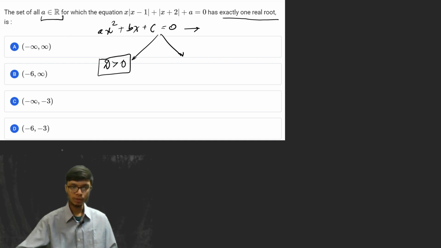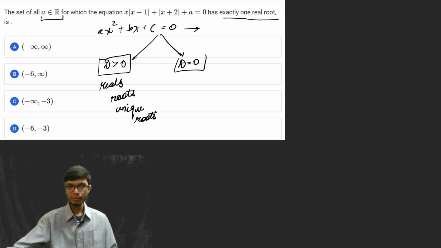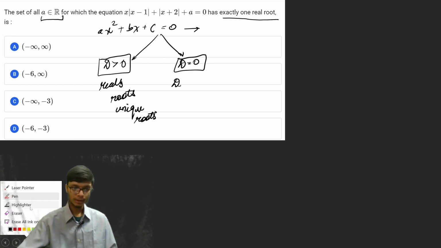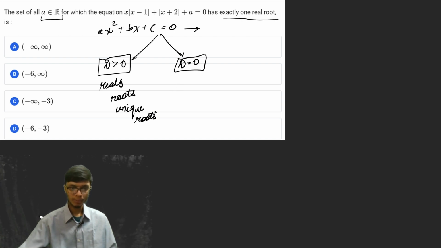For d, the discriminant, greater than 0, we basically have real, unique roots. And if d is equal to 0, then we get real roots, but those roots are repeating roots.